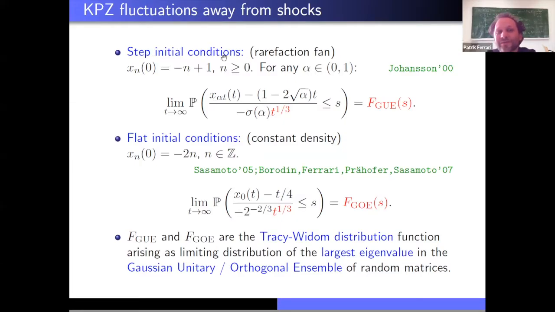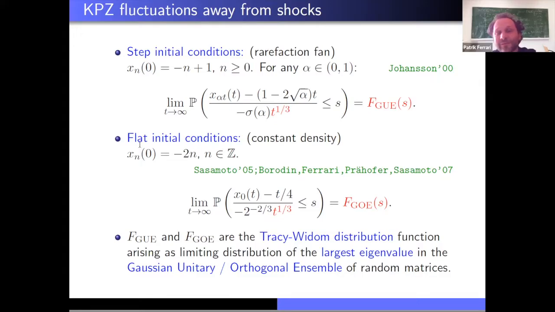If you have step initial condition, which means all sites to the left of 0 are occupied and to the right are empty, then if you look at any point in the so-called rarefaction fan, where the solution of the Burgers equation has a non-constant, decreasing density, the particle position at time t fluctuates at order t to the 1/3, and the distribution is governed by the GUE Tracy-Widom distribution.